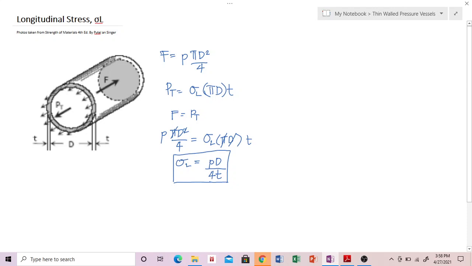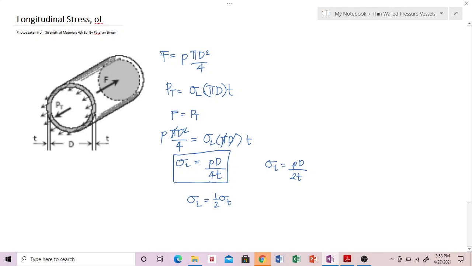Now, ano yung napapansin nyo? Kanina, flashback natin, the tangential stress is equivalent to PD over 2T. So, ano yung mapapansin nyo? The longitudinal stress is equal to 1/2 of the tangential stress. Tama? Okay. So, yung longitudinal stress daw is half of sigma T lang.